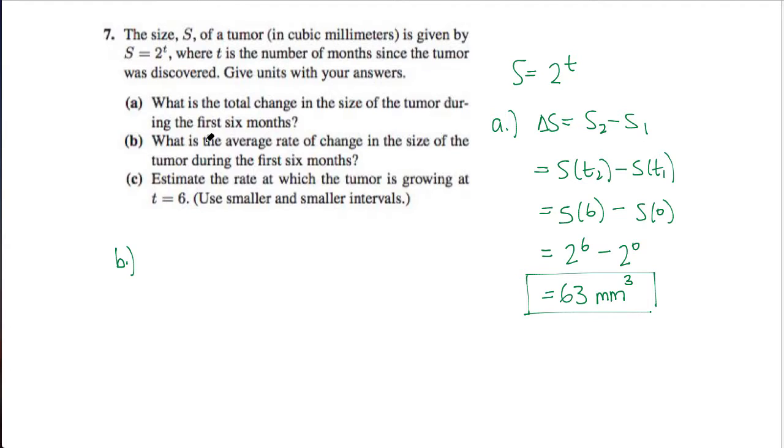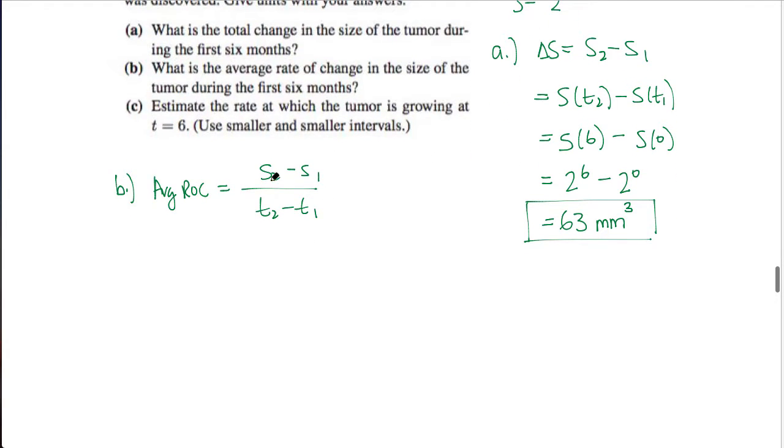Now B says, what is the average rate of change in size during those 6 months? Well, average rate of change is just S2 minus S1 over T2 minus T1. But we just calculated S2 minus S1 for the first 6 months. So all I need to do is say that T2 minus T1 is going to be 6 months minus 0 months, so I have 63 millimeters cubed over 6 months.